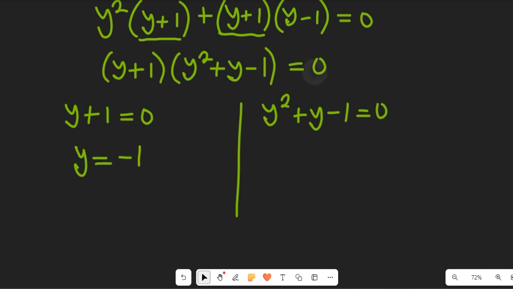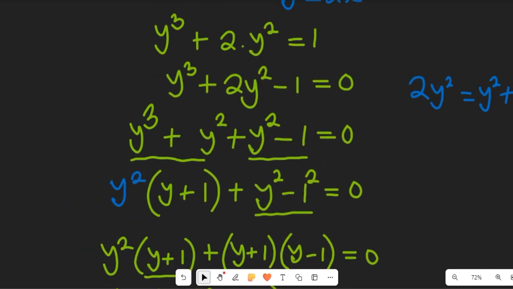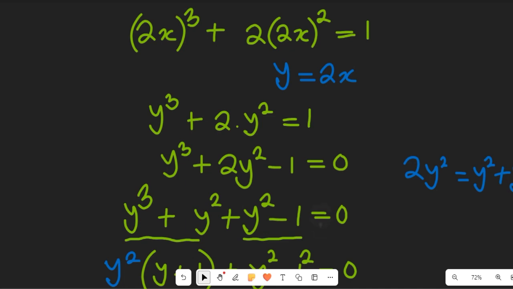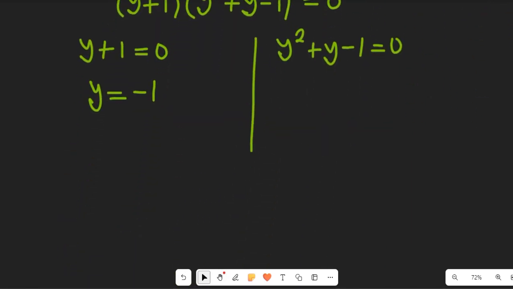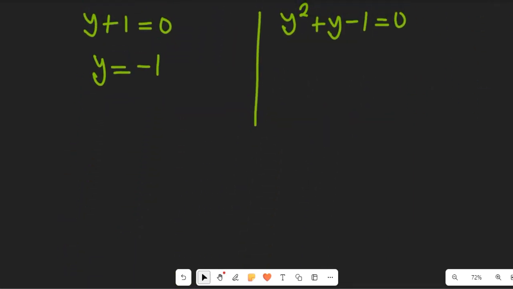Now recall that we took the value of y to be equal to 2x. So if y is equal to 2x, then we can find the value of x. If y is equal to negative 1 here, and we said y is equal to 2x, then what does that tell us?